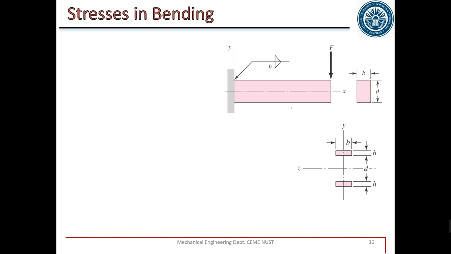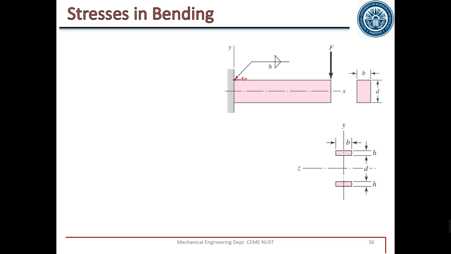Now, if there are stresses, primary shear and secondary shear stress. If the force is applied in this direction, the weld will try to come out of this plane, so it will fail under bending.